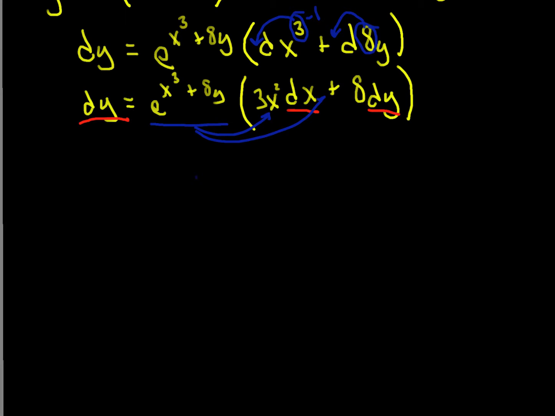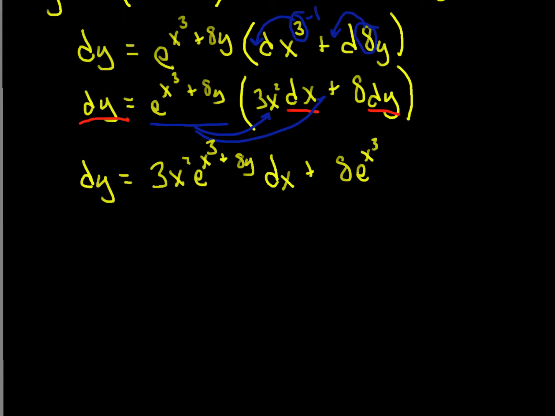So on the left-hand side, we get that dy is equal to, let's write it this way, 3x squared e to the x cubed plus 8y dx plus 8 e to the x cubed plus 8y dy.